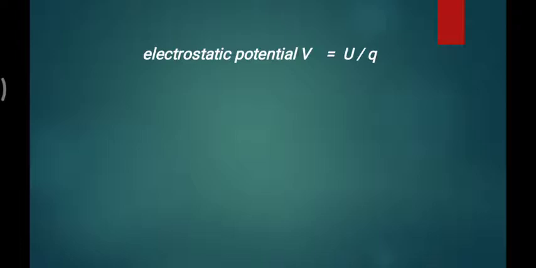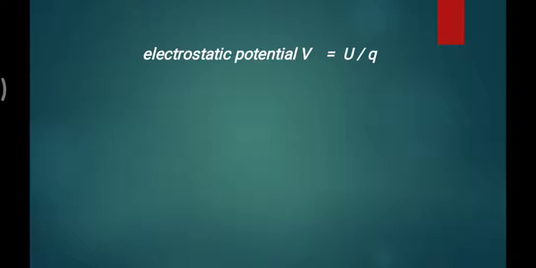U is the amount of potential energy for the total charge. If this potential energy is 5 joules and you have 5 coulomb, then 5 joules divided by 5 coulomb gives you 1 joule per coulomb. That is independent of how much charge you have. It tells you that for every 1 coulomb of charge, this is the work you need to do. This is what I am trying to explain. U depends on Q.